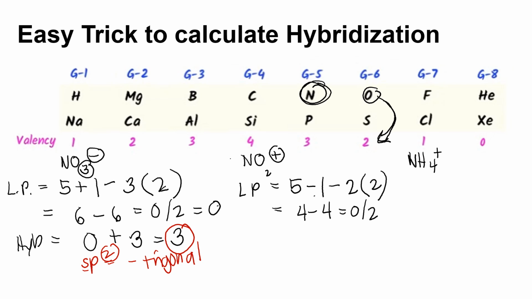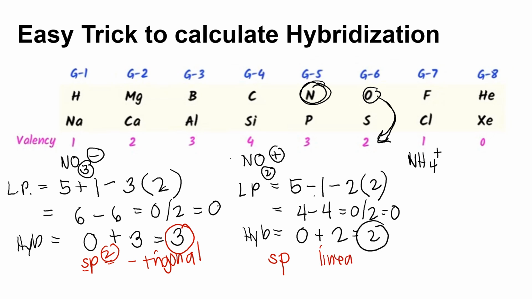That means you have 0 lone pairs again. So for hybridization, it's equal to 0 plus 2 surrounding atoms. So this is 2 orbitals, meaning sp, and the shape is linear.